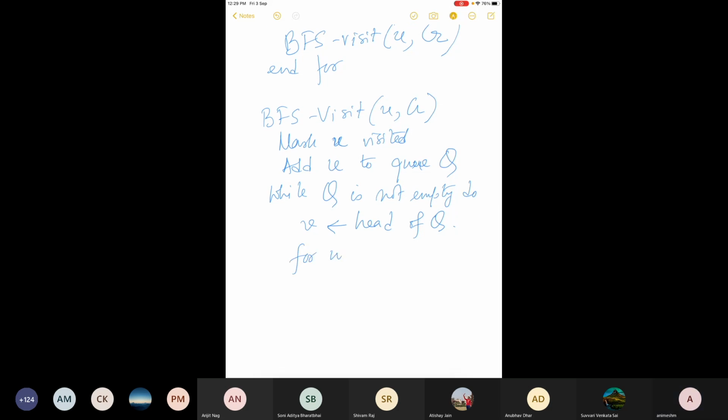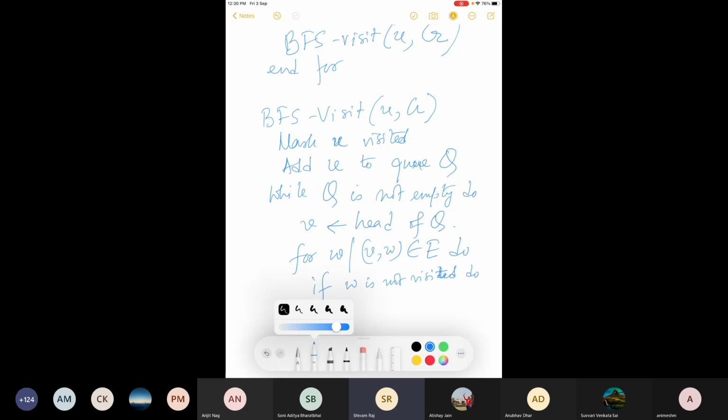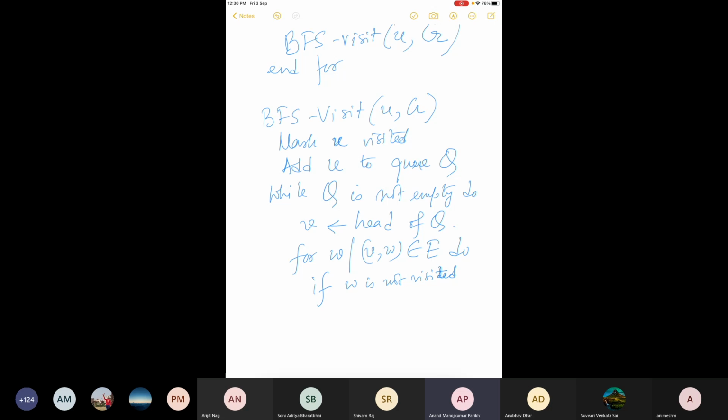For W such that VW is an edge, do: if W is not visited, do what should we do? Push in the queue? You don't push in the queue yet. BFS visit.